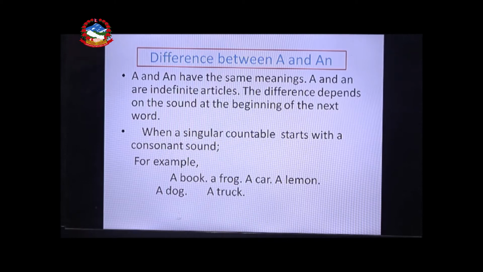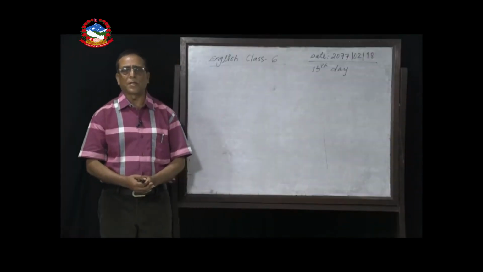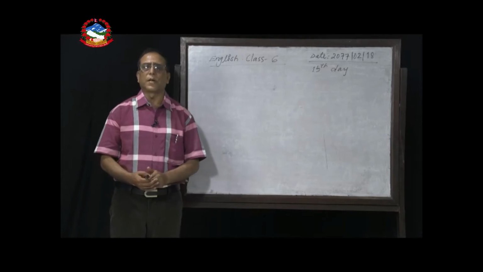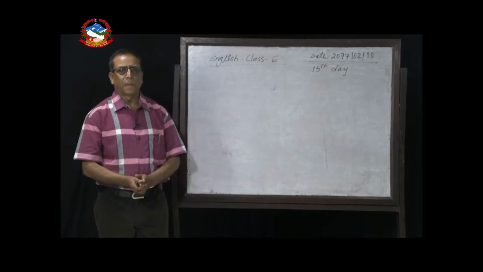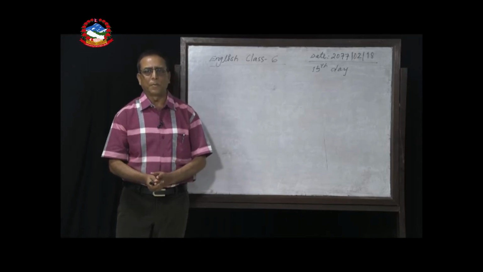You have to be clear, students. Before book, we use a because the initial sound of book is a consonant sound, and the word also starts with the consonant letter B. So we use a before book.